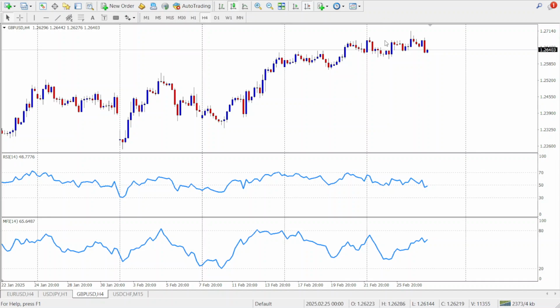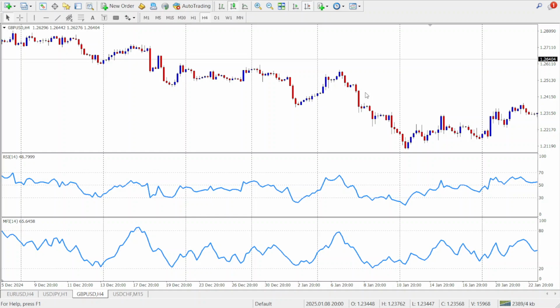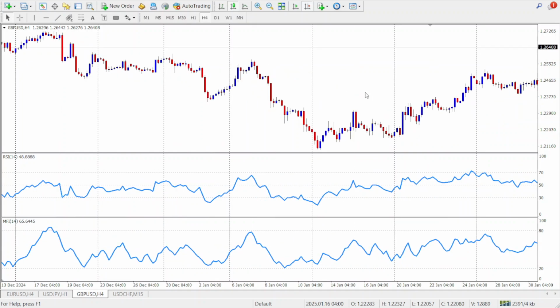Let's see if we can find one or two examples. That is the reason why it's important to always have confluence. When you have two indicators telling you the same thing, there is a higher chance of your signal playing out compared to if it is just one indicator.